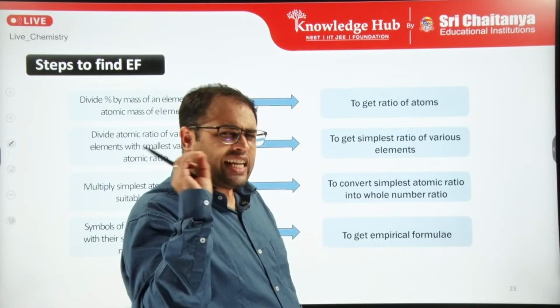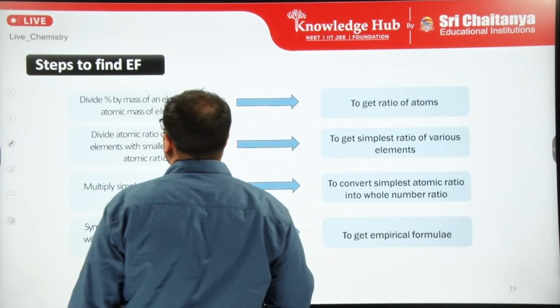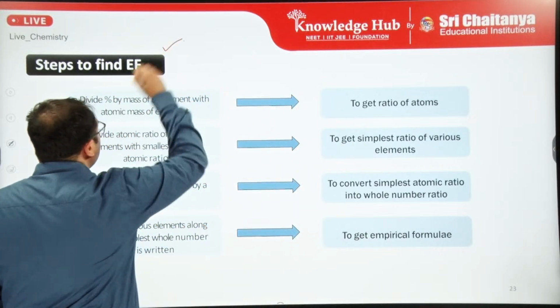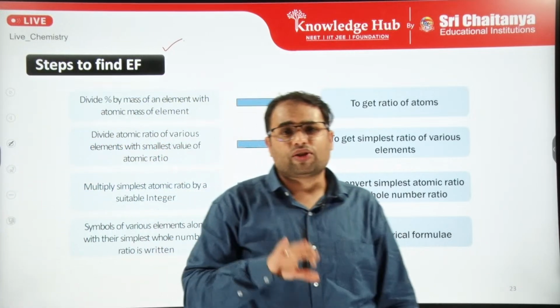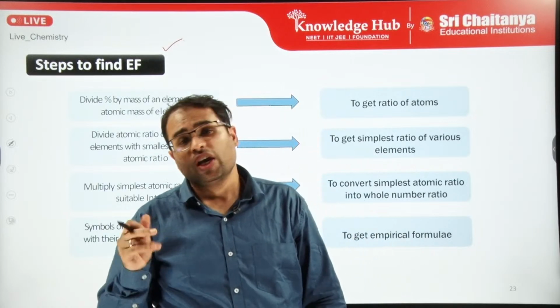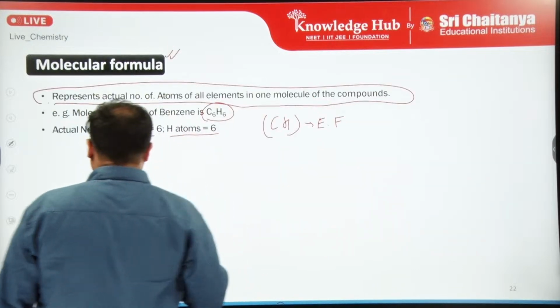So let me still read this out for you because it will be helpful in the questions that we are going to discuss. So the steps to find the empirical formula: normally in questions you will be given mass percentages, and from the mass percentages you will be able to find the empirical formula, right? I'll tell you why that is.